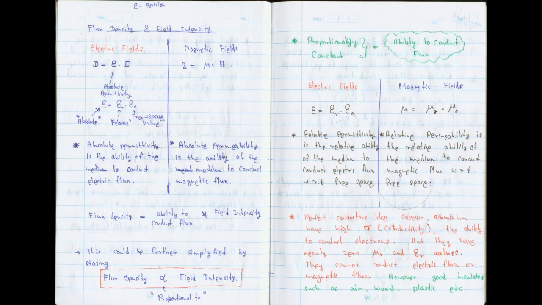Perfect conductor. Copper, aluminium, have high sigma, which is like a conductivity. The ability to conduct electrons.